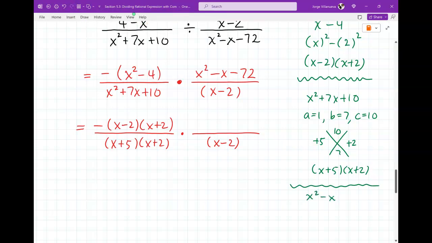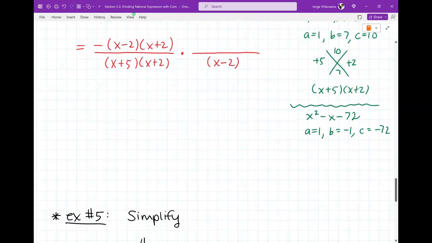x squared minus x minus 72. I know the answer is x minus 9, x plus 8, but like I said, I just want to show it. b is negative 1, and c is negative 72. So when I multiply, I get negative 72, with the negative 1.